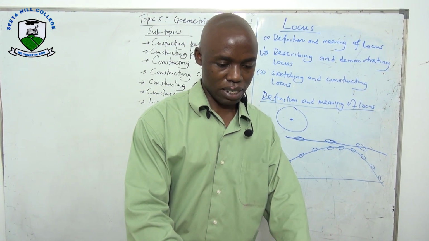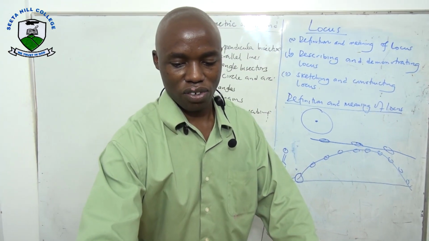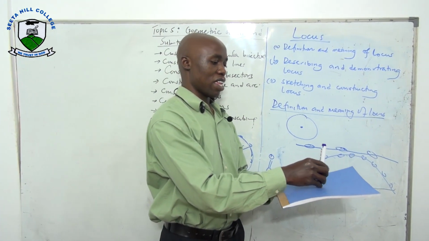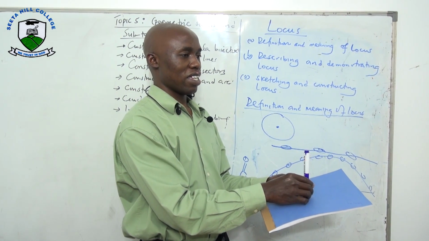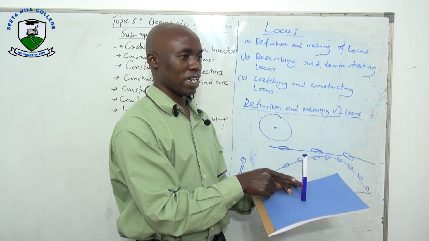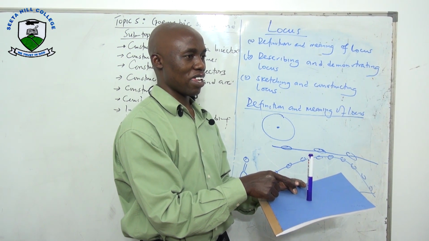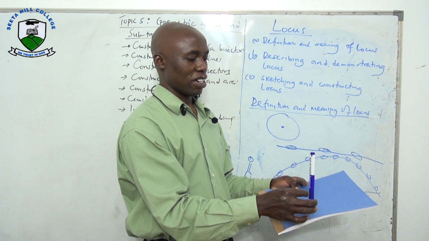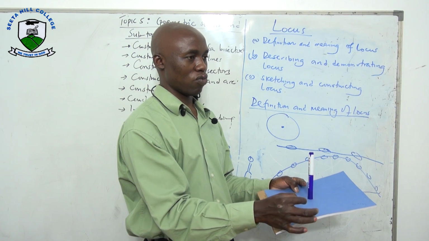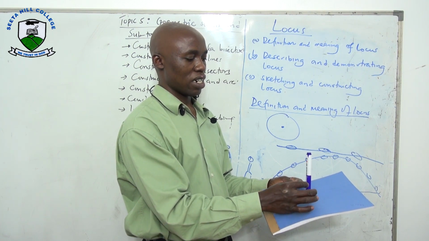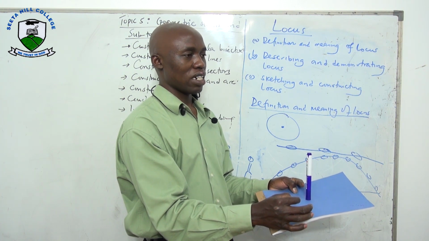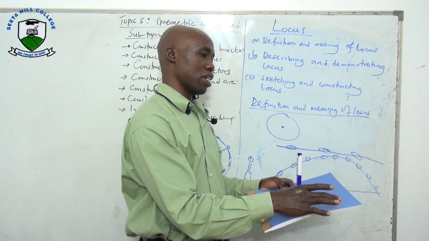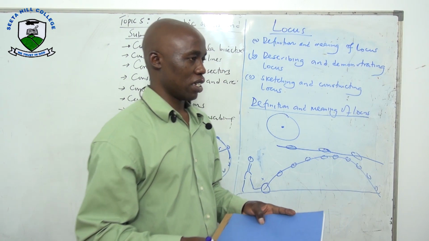Assuming you tie a goat on this peg here, it tries to look for grass around, turning around the tree, but of the same distance, the rope distance. It forms which locus? A circular locus. That means the rope will maintain the same radius from the peg to have a circular locus.